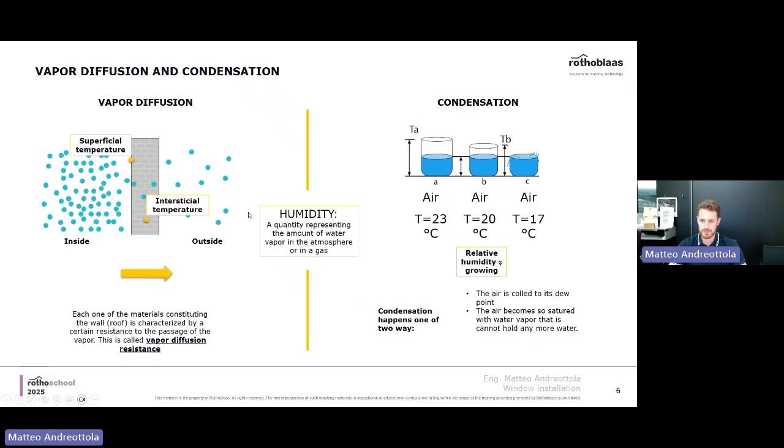And you see that especially in the winter, you have on the outside, obviously the US is a very, very big country, and therefore you have different climates as well. But let's say you're in a dry and cold part of the US, and therefore you see that you have a very low quantity of vapor molecules on the outside.